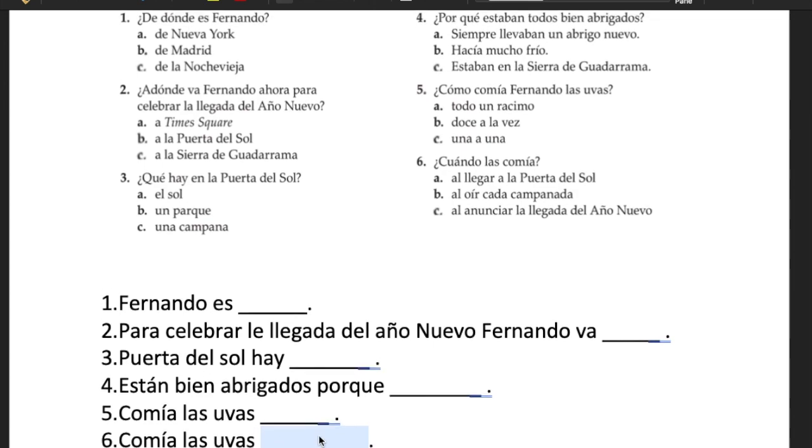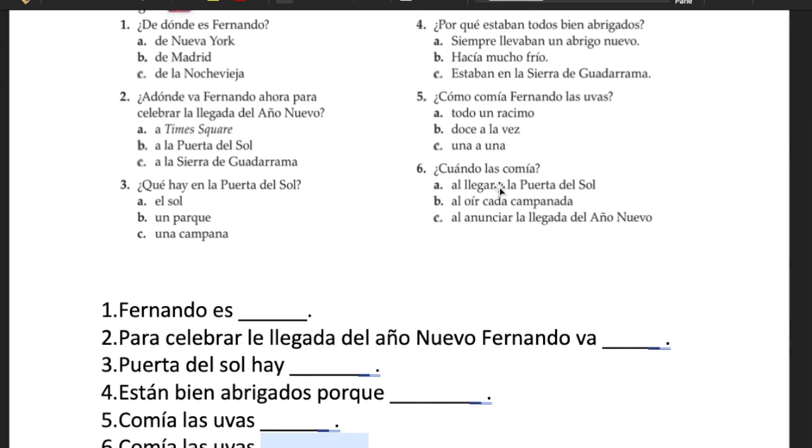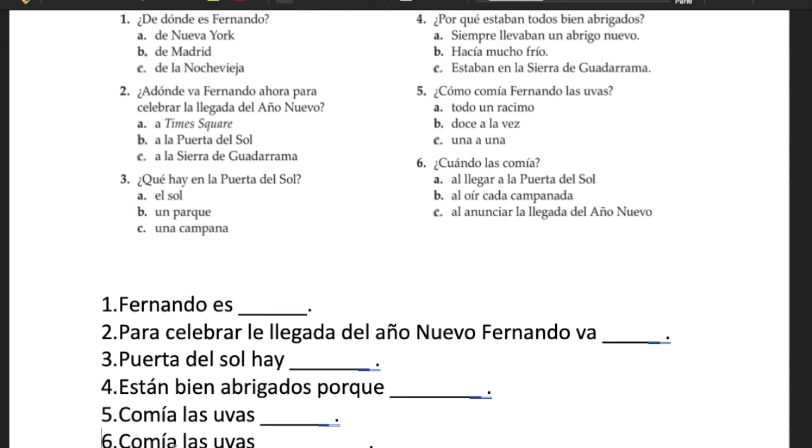Okay, so I'll just go ahead and give you, let's see, I'll give you number 6. So this is how you would answer number 6. 6. Comía las uvas al oír cada campana.